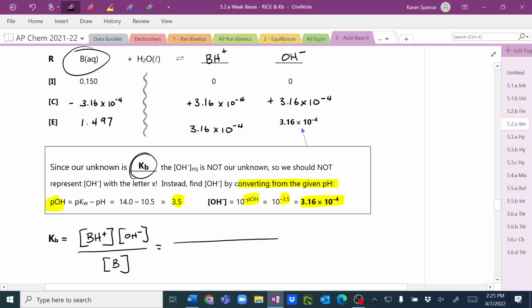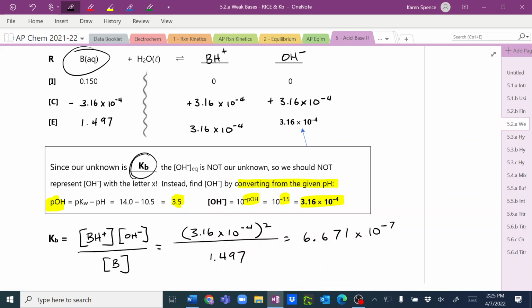So you've got 3.16 times 10 to the minus 4 squared over 1.497. And we get 6.671 times 10 to the negative 7, which would then, let's see, we need how many sig figs?